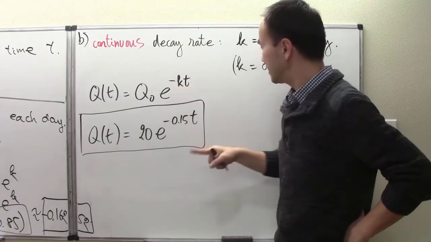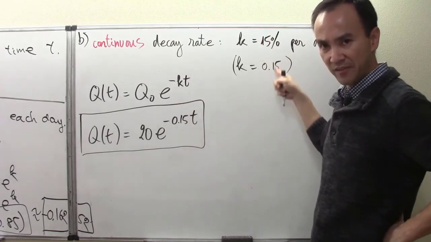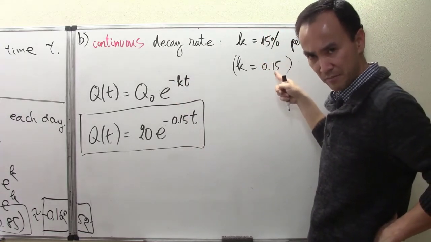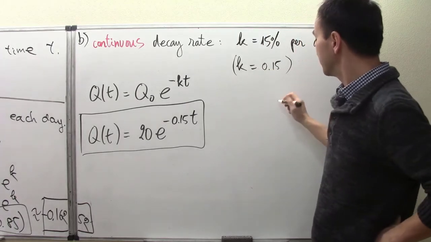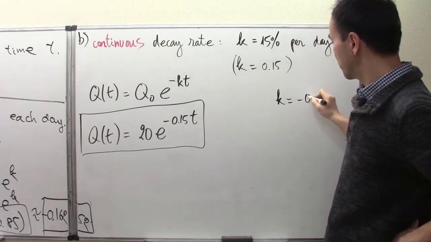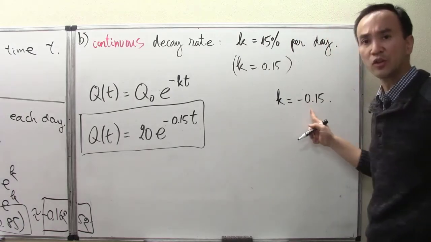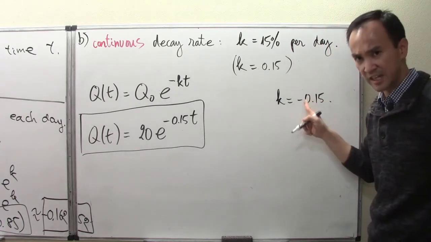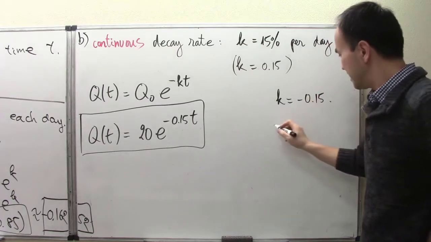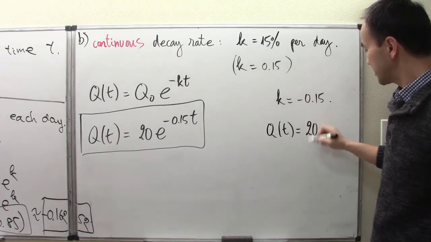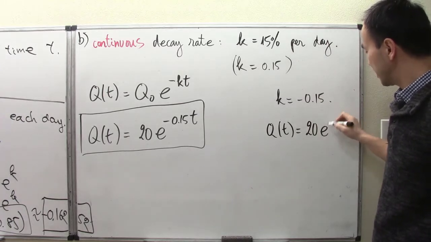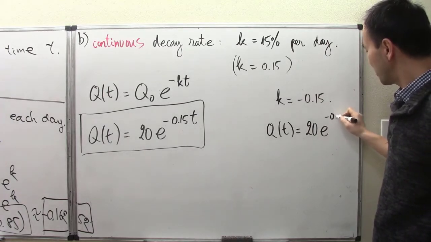And if your choice is a negative right from the beginning, k equals a negative number, then you can just write Q of t. As I said earlier, if k was written as negative 0.15 in your choice, because it's a decay, then your model function can be written instead as 20 times e to the 0.15 t with that negative k.